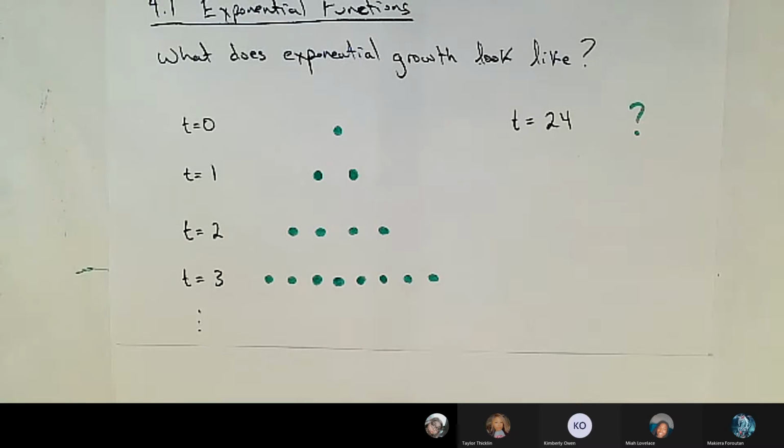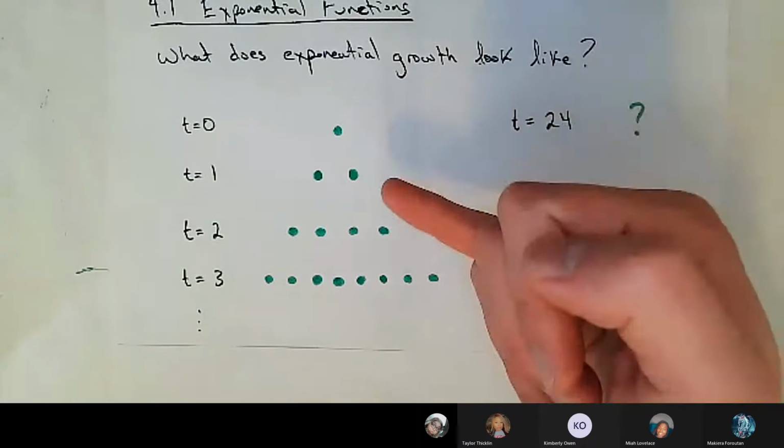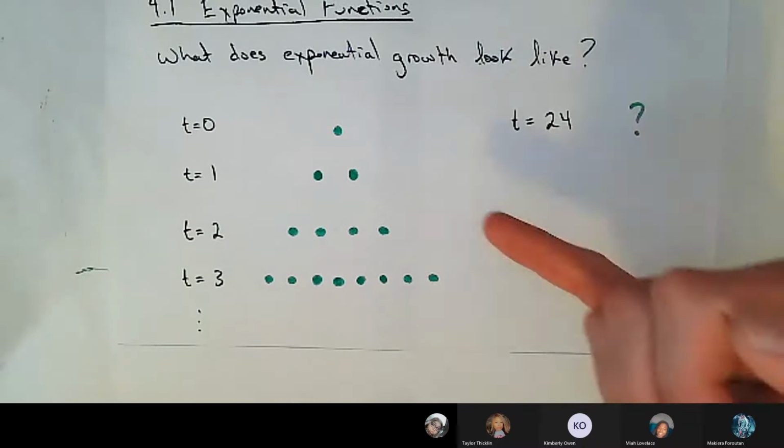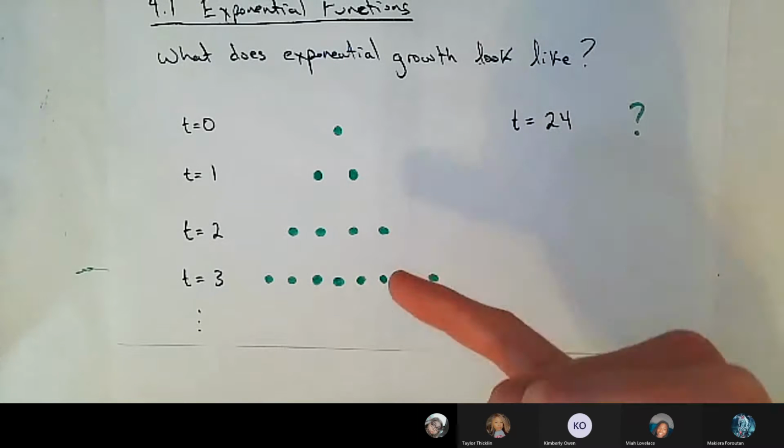So maybe there's a pattern that we can see back here that we can then apply to get all the way to t equals 24 instead of having to calculate it by hand, just repeating this pattern over and over again until we get to 24. So does anyone see what is happening here? How could you describe mathematically what's happening between each hour?